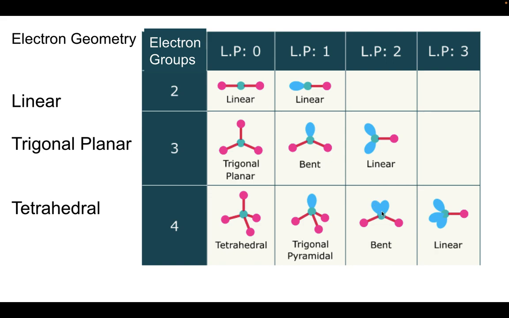If you've got two lone pairs and two bonded atoms, electron geometry is tetrahedral, but your molecular shape is bent. And if three things are lone pairs and there's one bonded atom, then you are going to have a linear molecular shape, but your electron geometry is still tetrahedral.